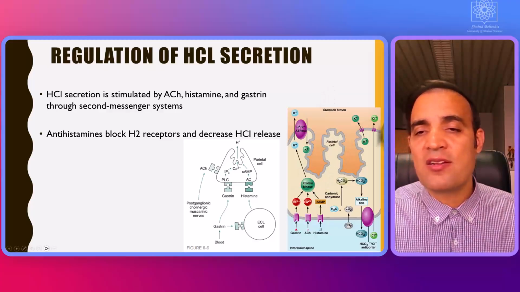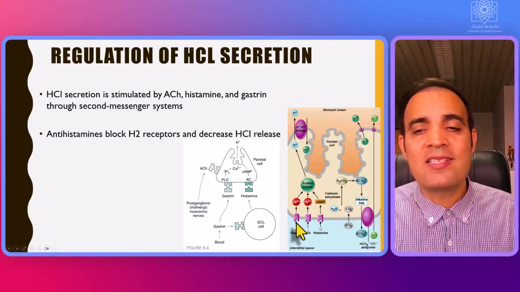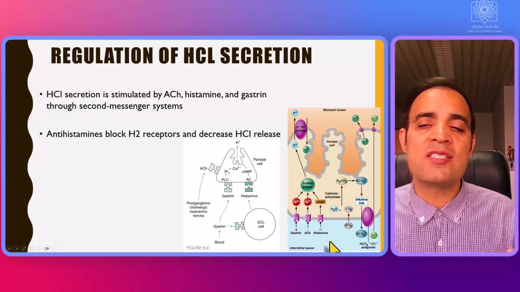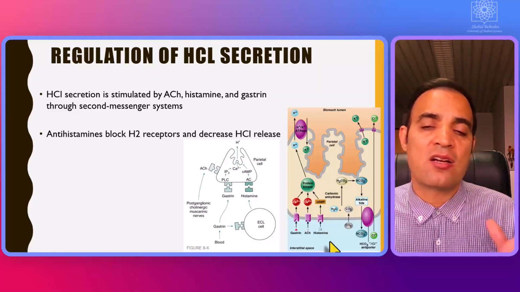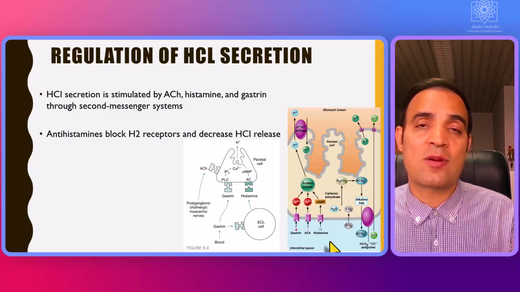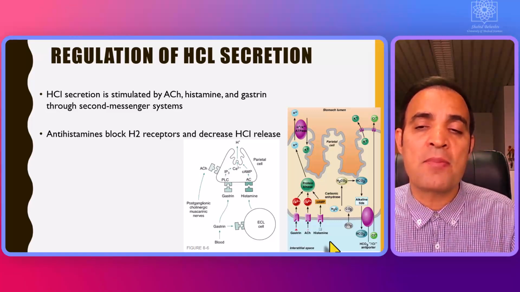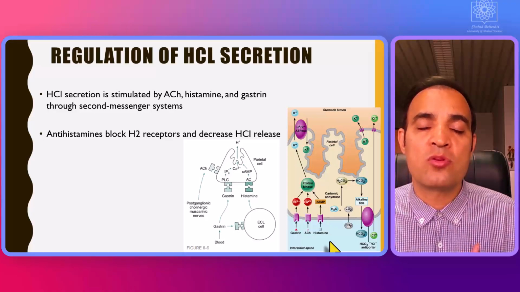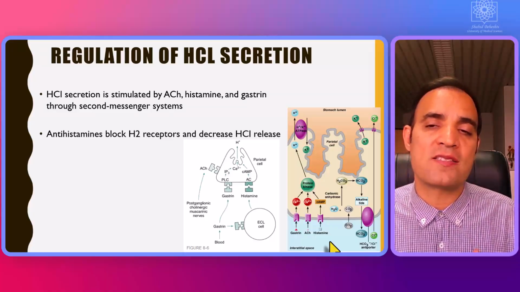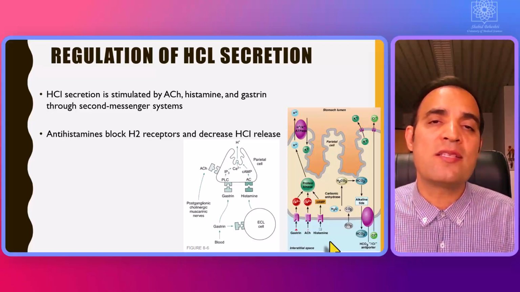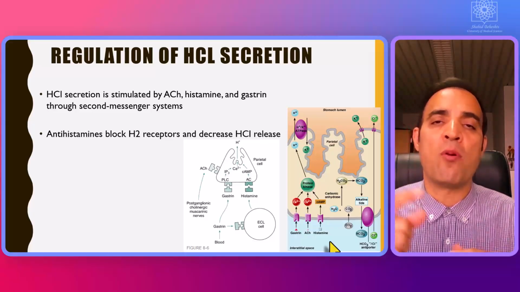In this figure, you can see that gastrin, acetylcholine, and histamine all are able to increase calcium concentration and activate cyclic AMP to activate some protein kinases. And these protein kinases now are able to stimulate the potassium hydrogen pump.